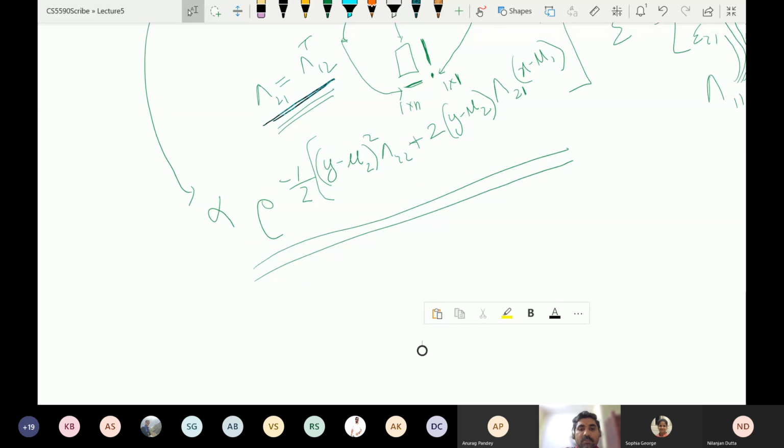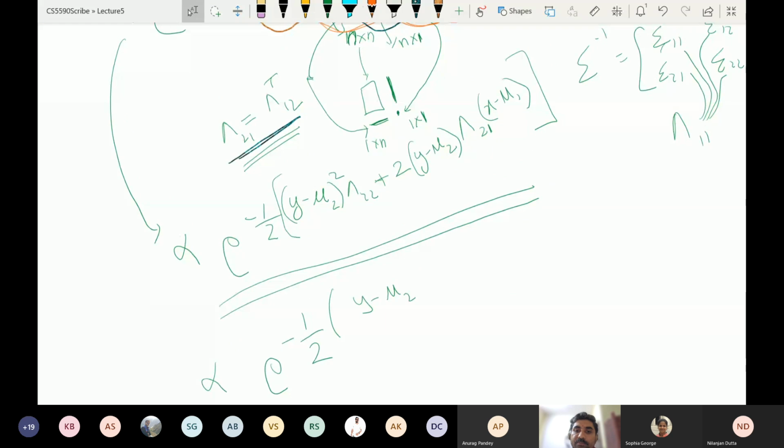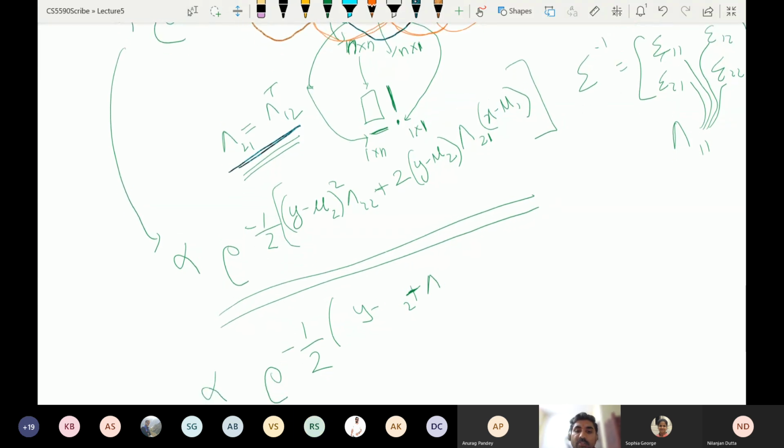Okay, so this is proportional to e to the power of minus y minus mu2 plus 2 inverse lambda 2 1 x mu 1 square.